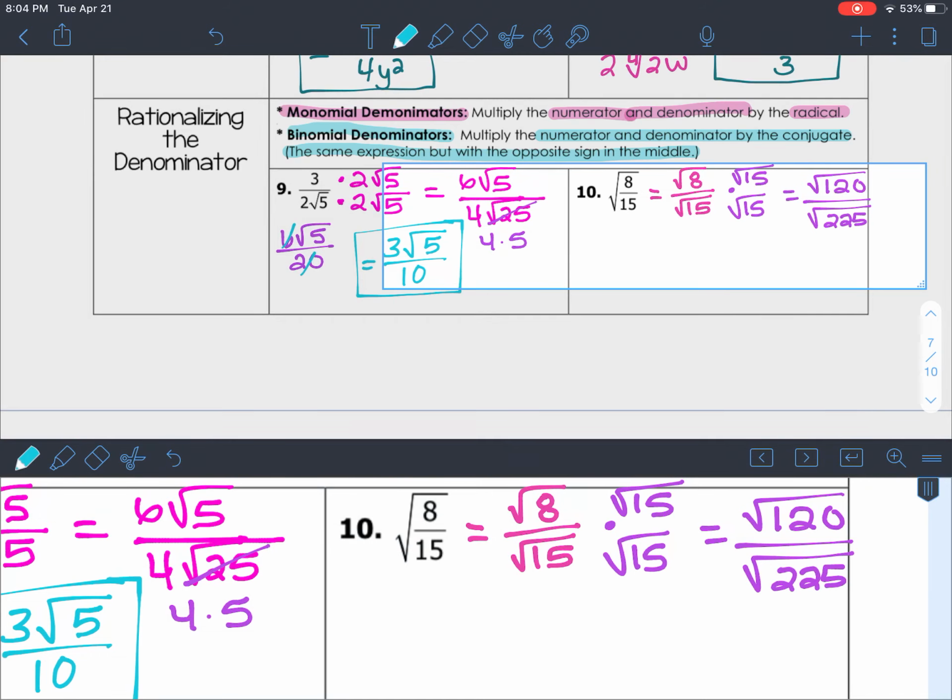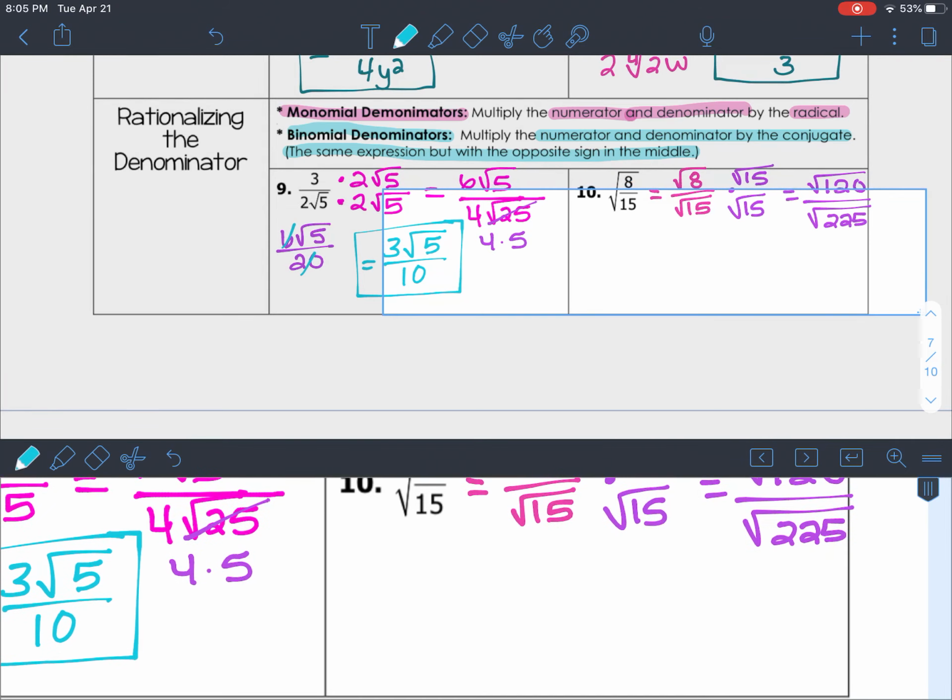And then I can begin my simplification process. So the square root of 120, that's not a perfect square, but there are perfect squares that go into it. And the one that I think of first is 4 and 30. 4 is a perfect square, and 30 cannot be broken down into any more perfect squares, so it's the perfect match.